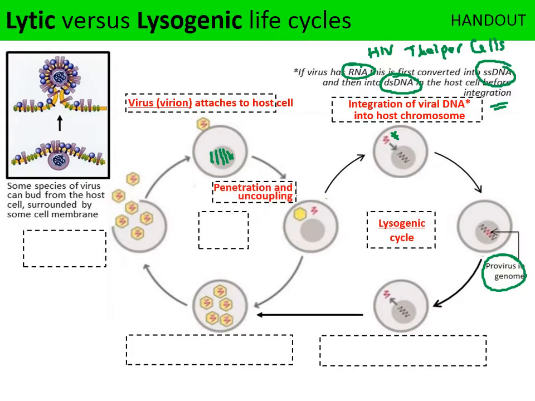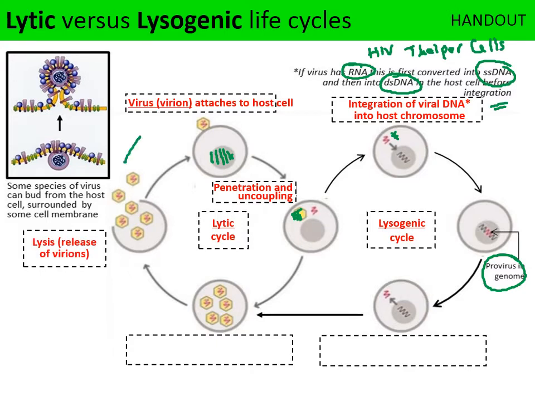We know once the virus actually attaches and enters the host cell, obviously the nucleic acid has to be released into the cytoplasm first, and that's called uncoating of the capsid and the nucleic acid. So you can see here the capsid's kind of released, and the nucleic acid is also free in the cytoplasm. So this is, on the left-hand side, the lytic life cycle.